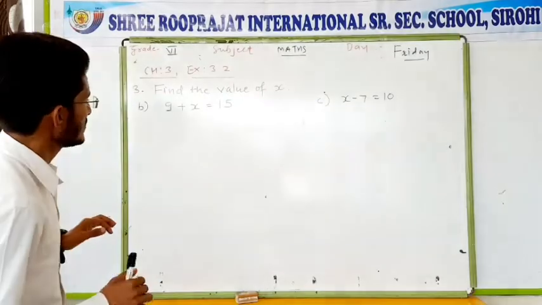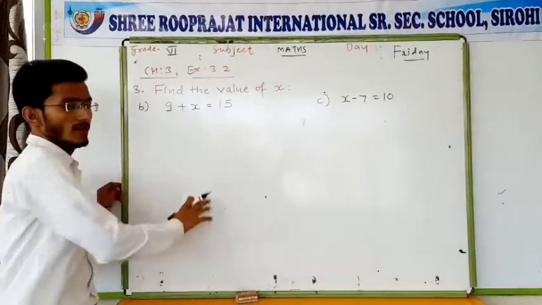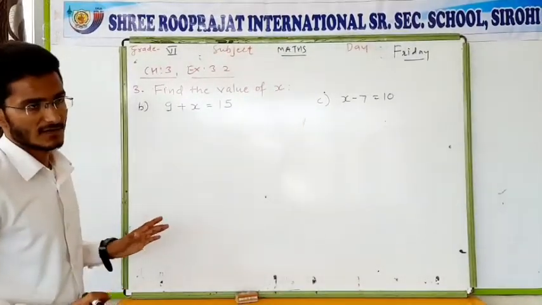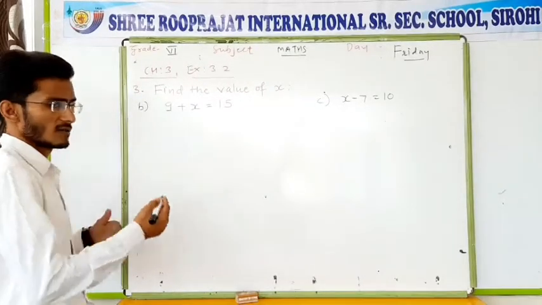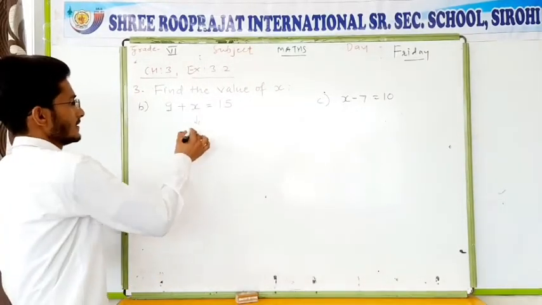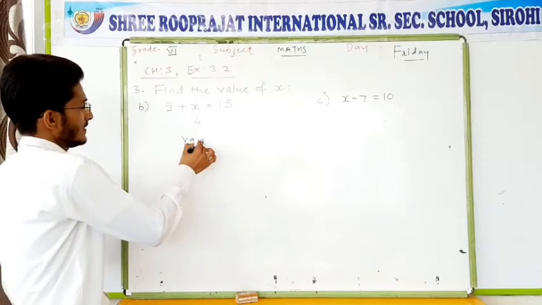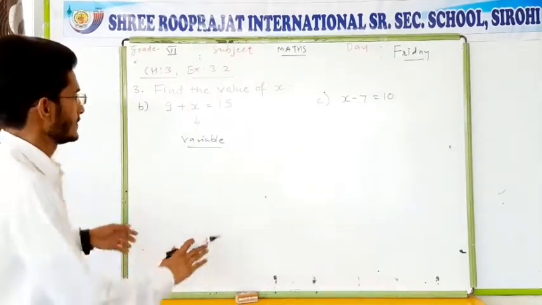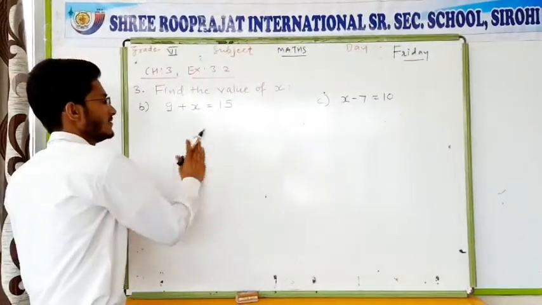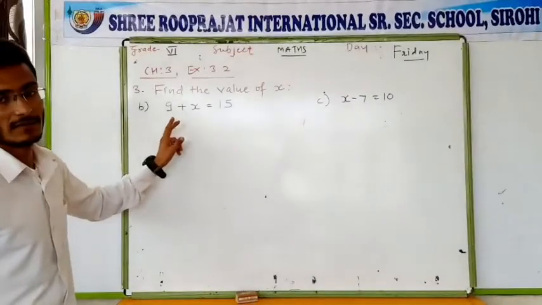If we go by the book, you have to remove everything on the side of the missing number, or the variable, as it is called in upper grades. Okay. So now we have to find the value of x. With x it is given 9.